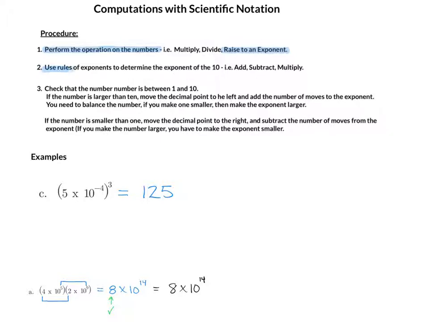And then since we are raising to an exponent, we want to multiply our exponents, so we get times 10 to the negative 12. Is our number between 1 and 10? For this one, no, it's not.